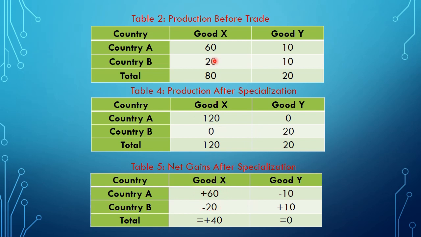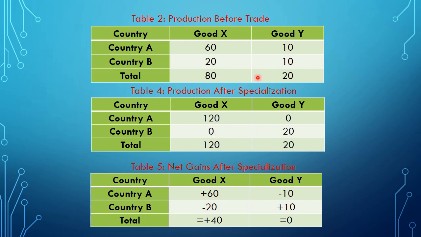If we look at country B, before specialization or before trade, it can produce 20 units of good X, and now it will not produce anything. So it will decrease by 20, 0 minus 20, so you will get negative 20 here.